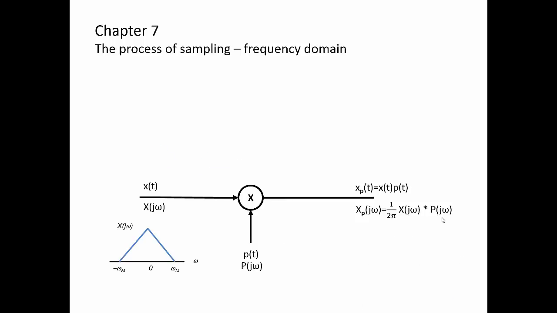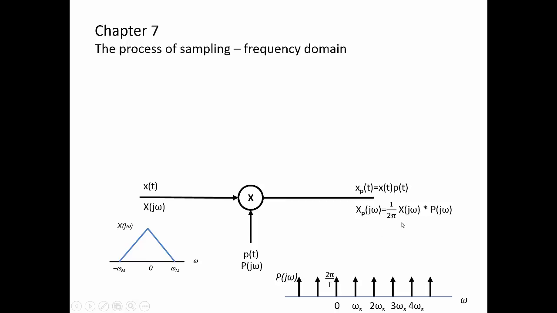So now we have our x of j omega and our p of j omega. We now want to figure out what is xp of j omega. We know that xp of j omega is the convolution of this triangle and these impulses.